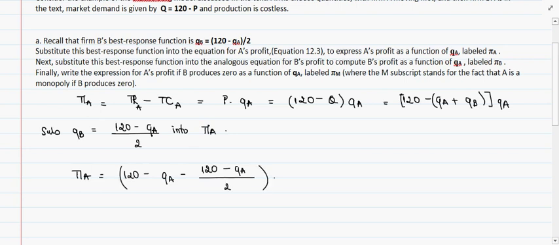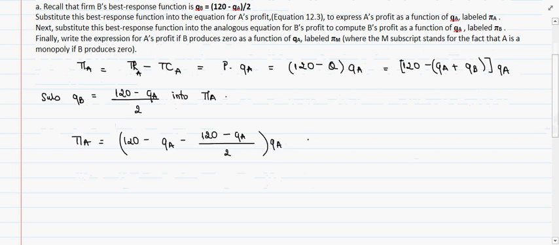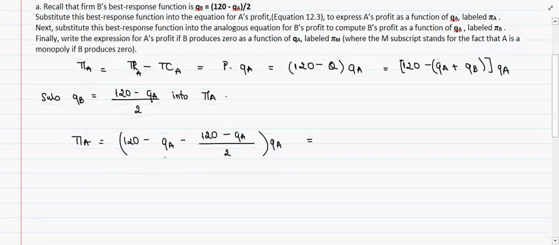If I simplify this, I get 120 minus QA minus half of (120 minus QA), which gives me half of (120 minus QA), everything multiplied by QA.